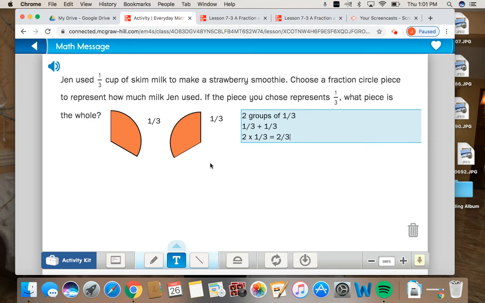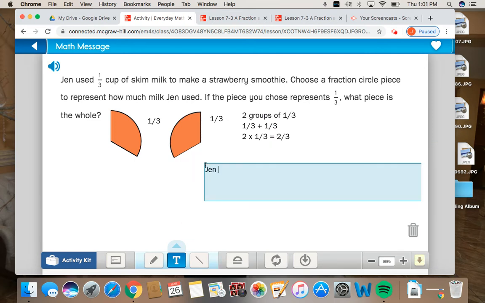So I'm just going to get a sentence in here. Jen would need 2/3 cup of skim milk to make two smoothies.